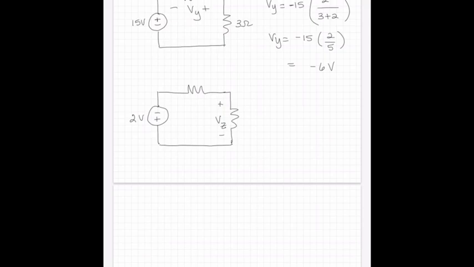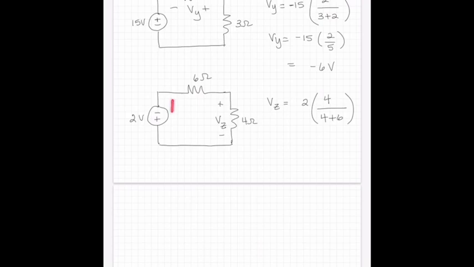This is 2 volts, 6 ohms, and 4 ohms. Okay, and the voltage divider equation, Vz, is equal to the total source voltage available to us, 2, multiplied by the ratio of the resistor we want to know about, 4, divided by the series combination of all the resistors in the divider. Okay, again, we've got to look at current direction.